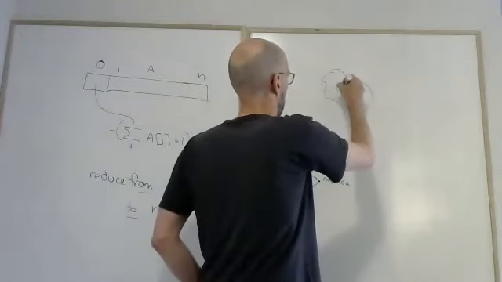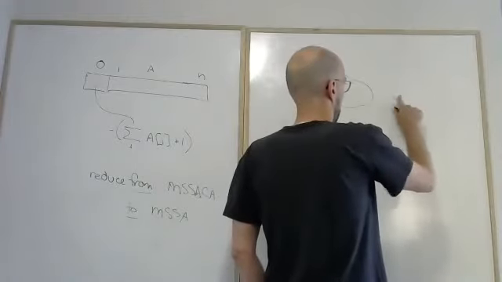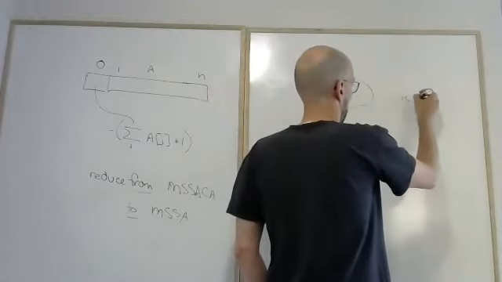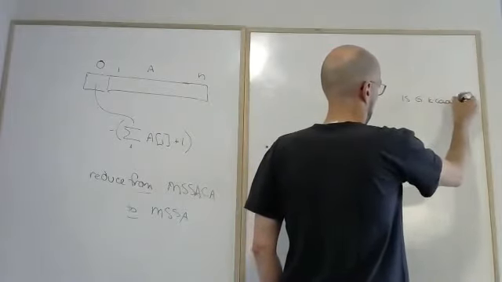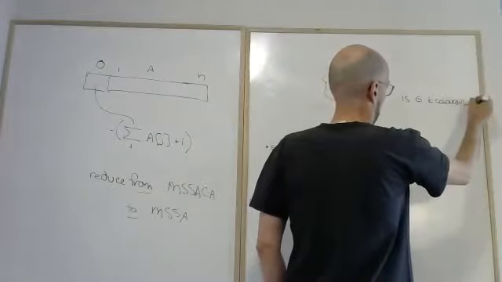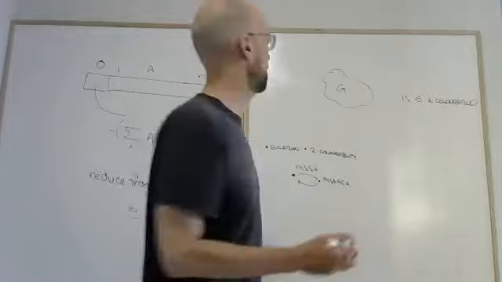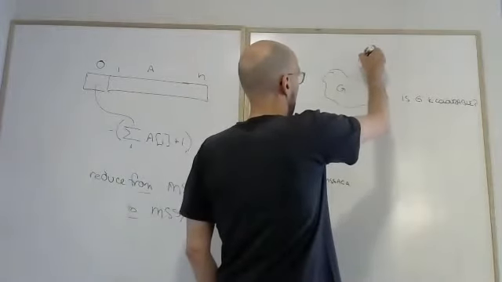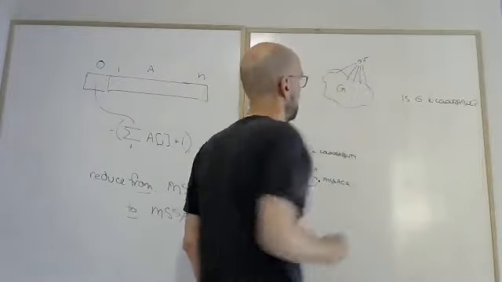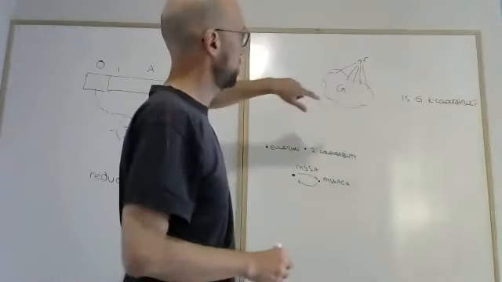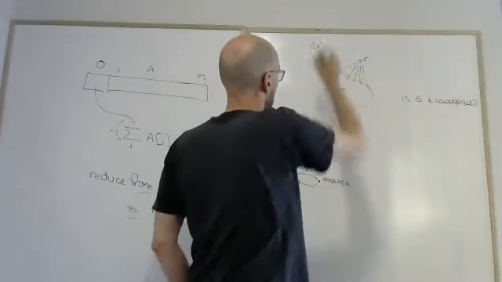Because you have your graph G. You want to know, is G k colorable? But you have an algorithm that does k+1 colorability. So what you can do is add this vertex V, and make it incident to everything in G. Now call this G prime.